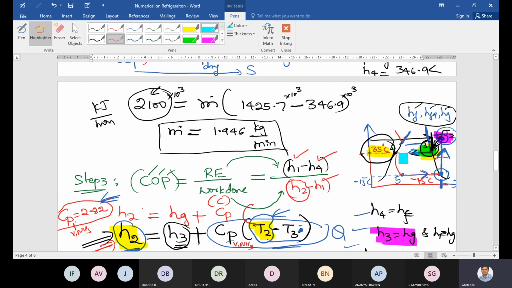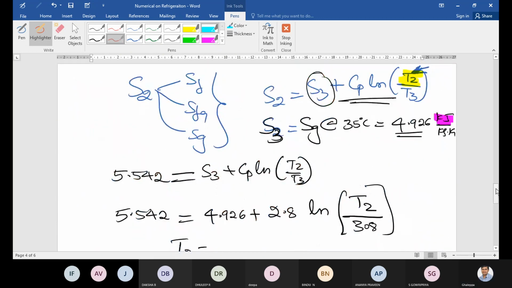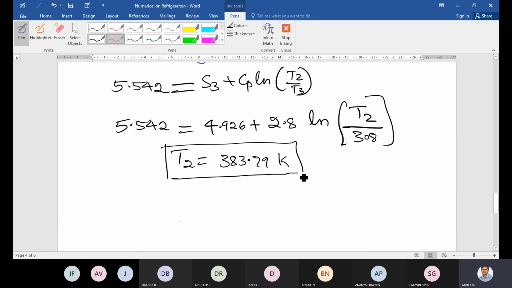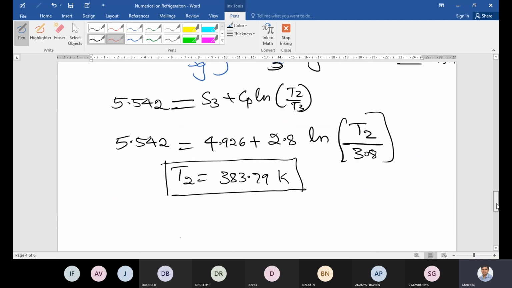Due to some calculator mistake, if you got the wrong value, cross-check the answers. T2 is ahead of 3, it is greater than T3. Okay, how much will you get now? 383.79. One minute, ma'am. I will write here 383.79 Kelvin.